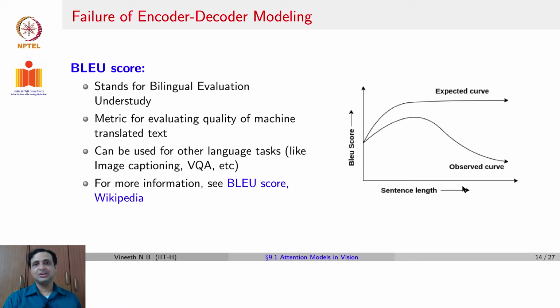Which means using such encoder-decoder models, where encoders are RNNs and decoders are also RNNs, starts failing when the sequences are long by nature. If you'd like to know more about BLEU, you can see this entry in Wikipedia for more information.